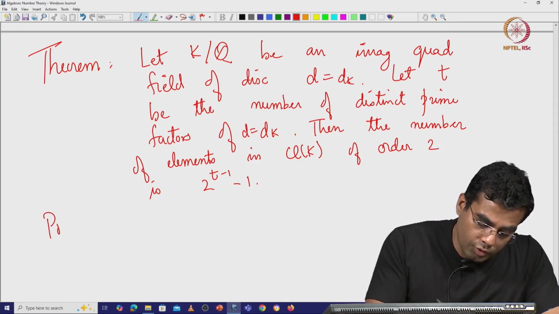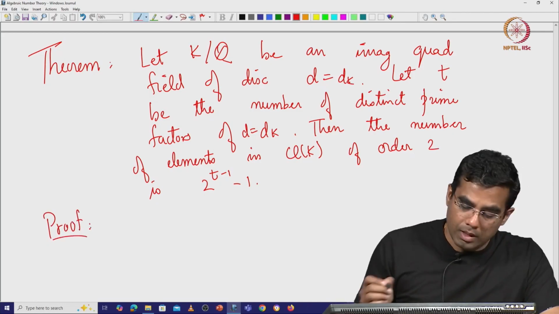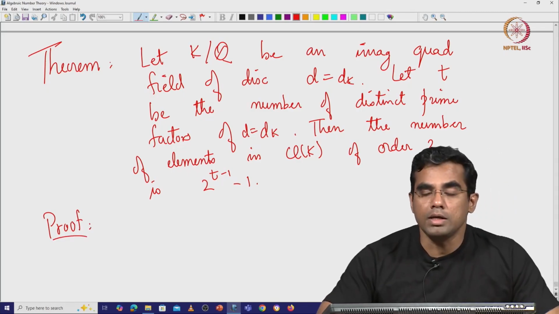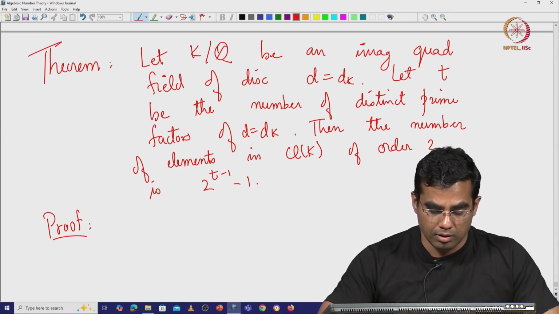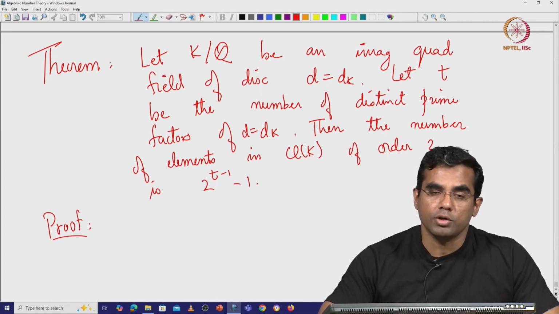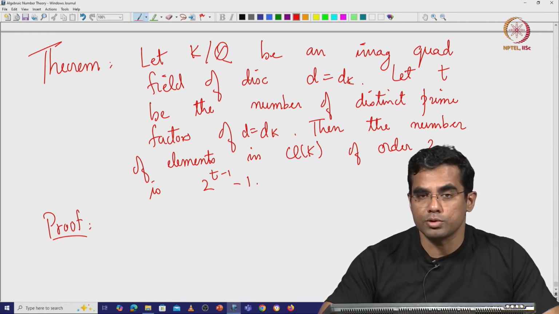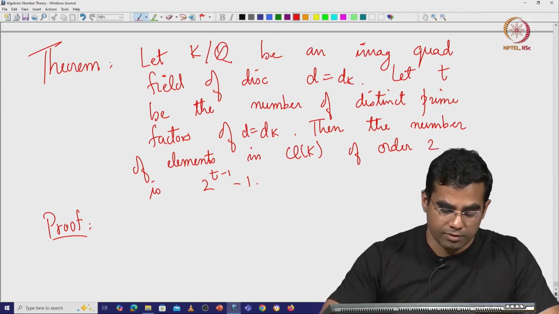Okay. So, here is a proof. The reason why we can analyze the number of elements of order 2 as opposed to some other order is the following.